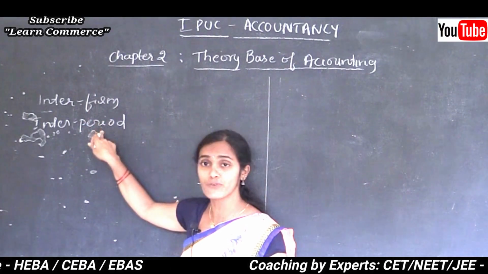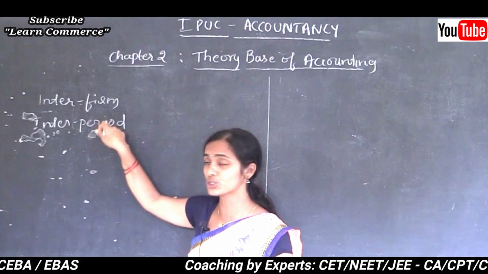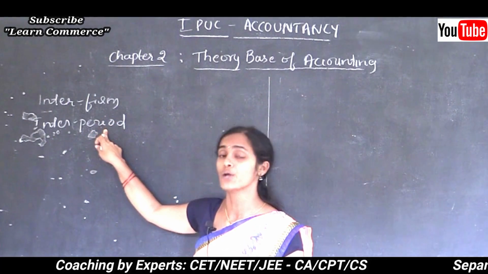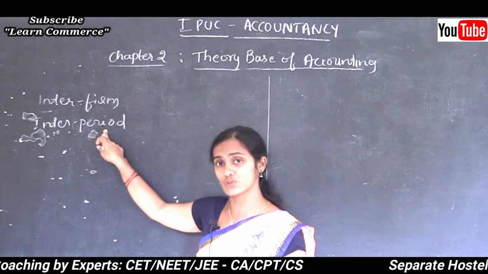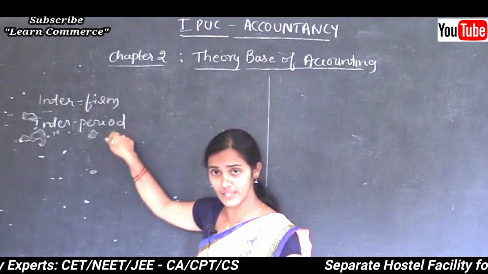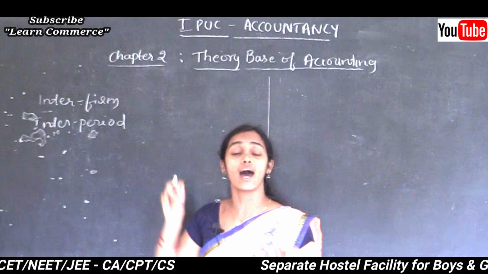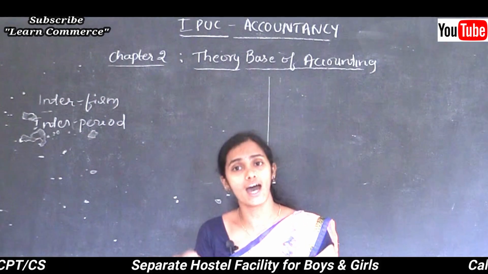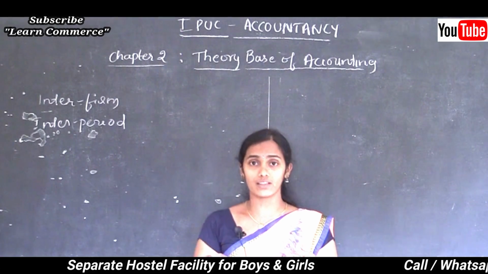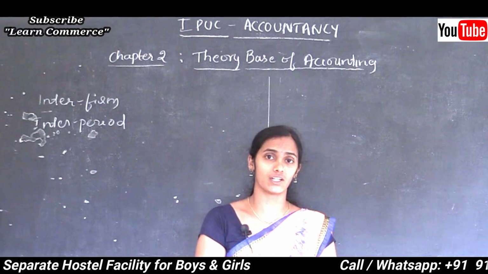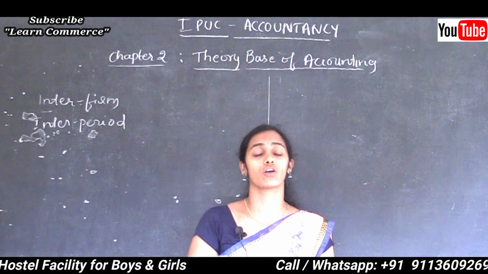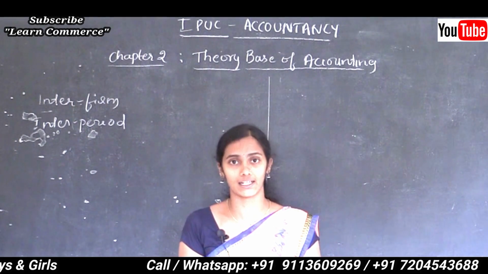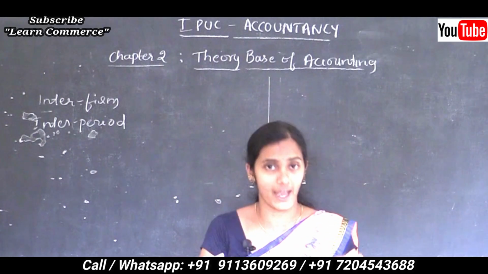Why? We need to frame new strategies and make some innovative plans. To do that, we need to compare our accounting information with another organization's, or one department's performance with another department's performance.